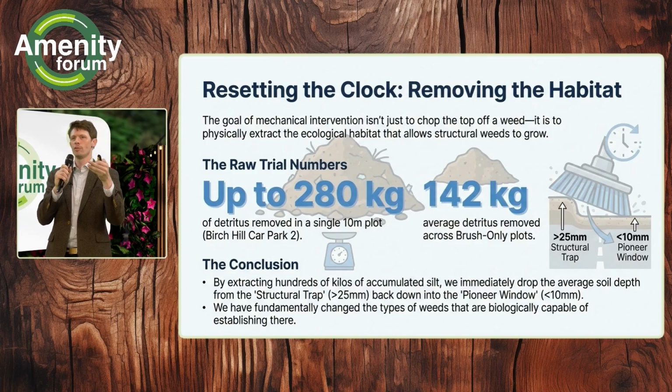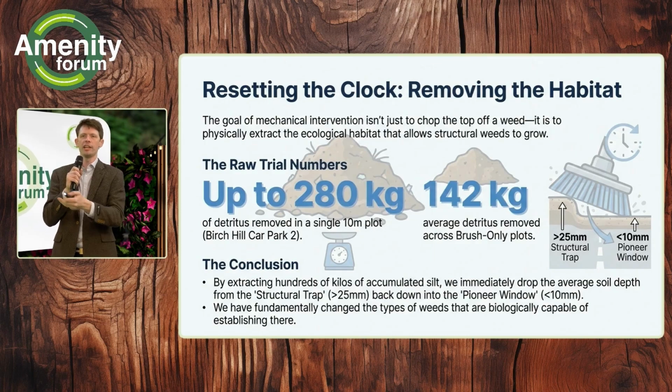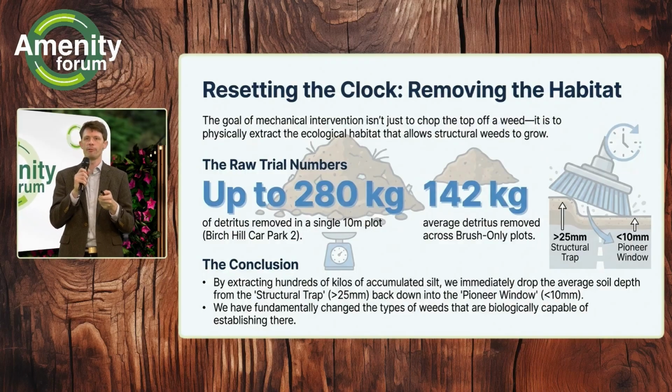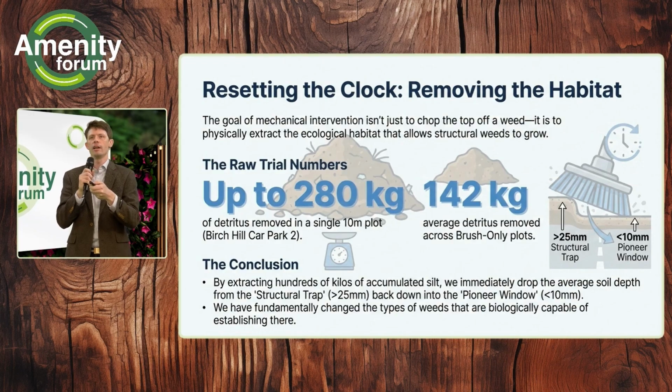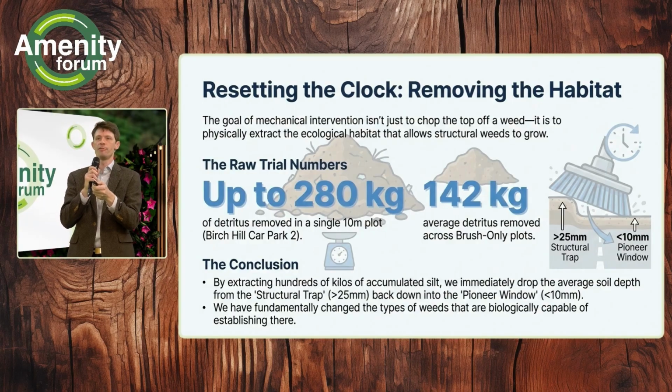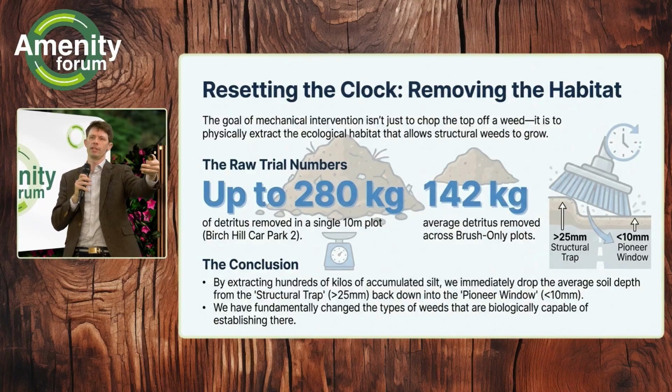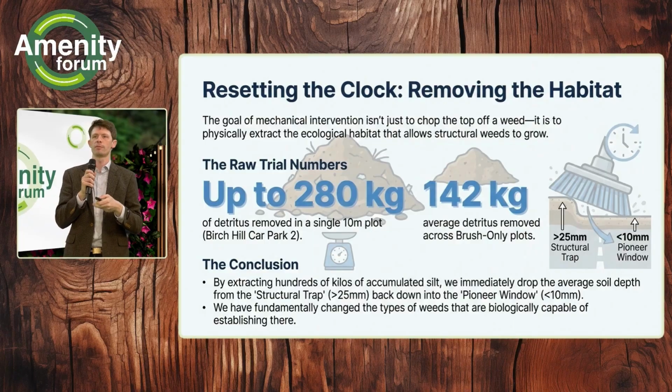If you don't have that, the reaccumulation rate in a plot like that, we're going to measure over the trial period, so we'll be able to give you some more accurate intervention times, but it's generally going to be an awful lot less than 280 kilos a year in 10 metres. That's probably been left quite a number of years. And the average detritus removed on all the plots, so some of them were 25 metres, some of them were 10 by 10, was 142 kilos.